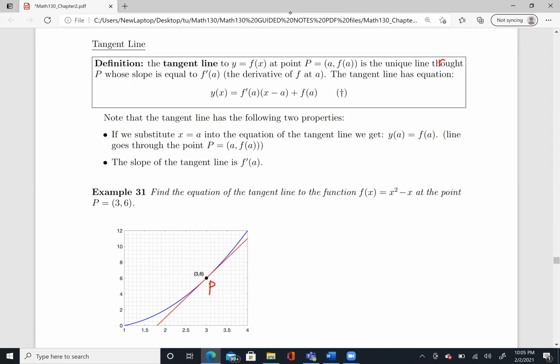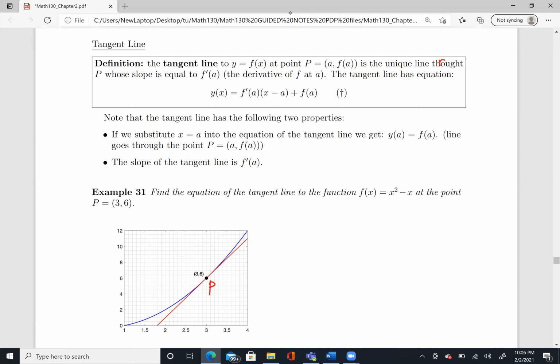And the tangent line has the equation y of x equal to f derivative of a times x minus a plus f of a. This is the function of this tangent line.